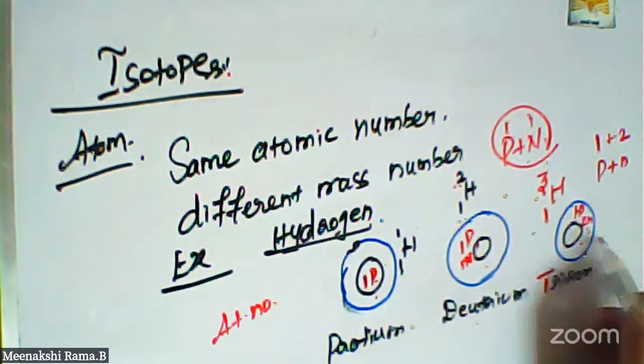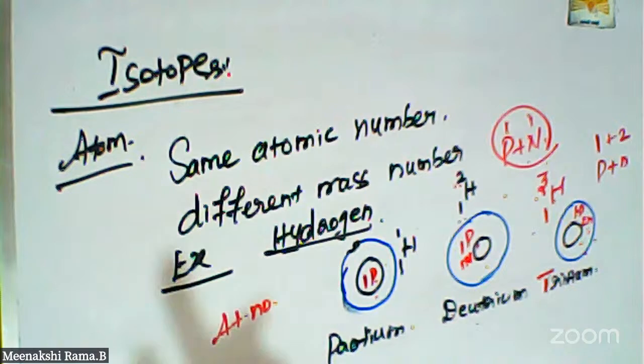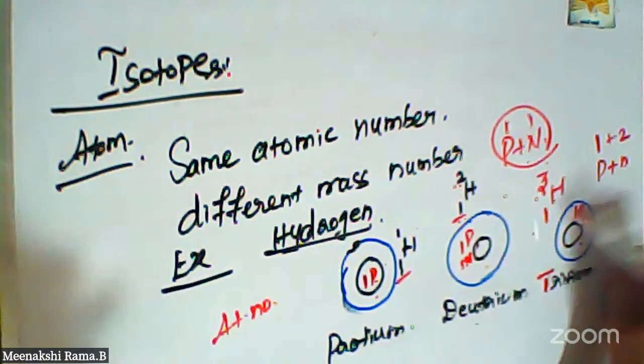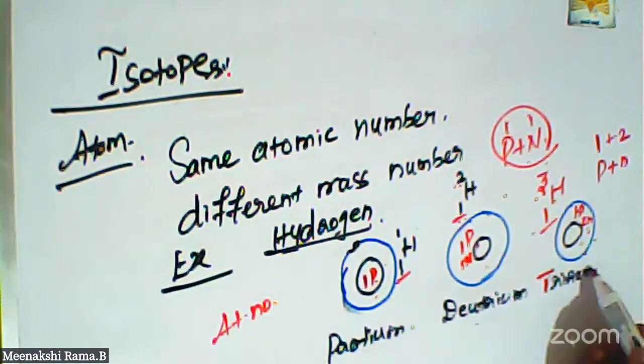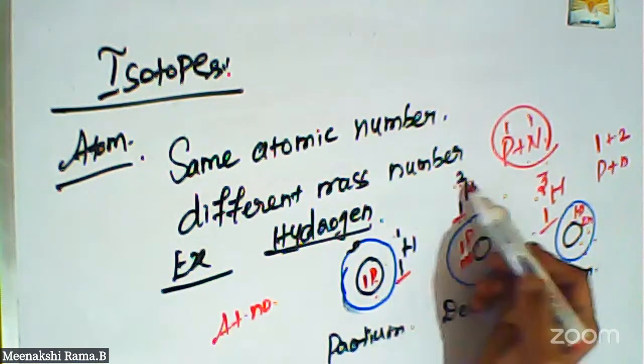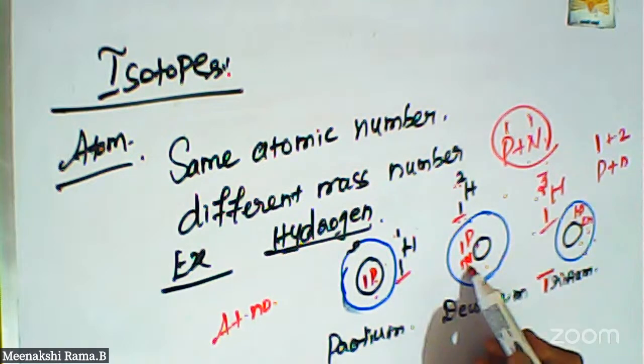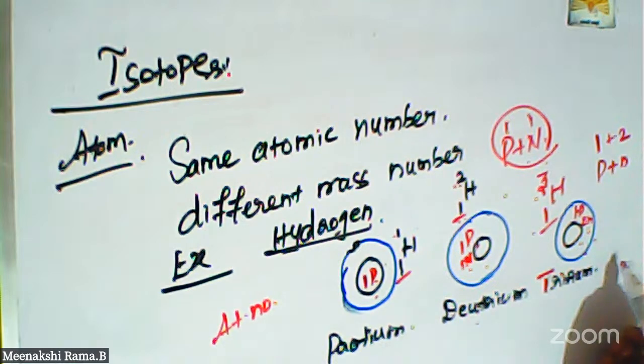So these three hydrogen isotopes contain only one proton, so the atomic numbers are the same. The mass number differs because the neutron number changes in these three isotopes.